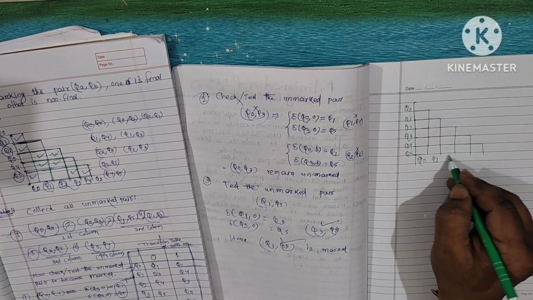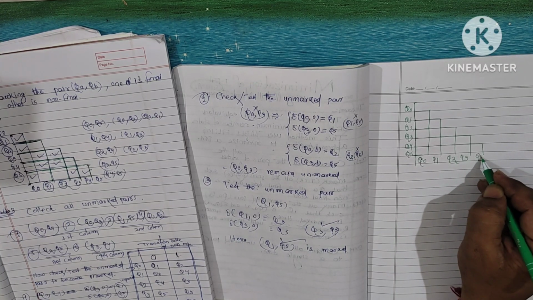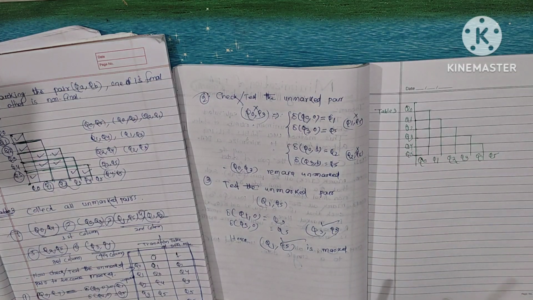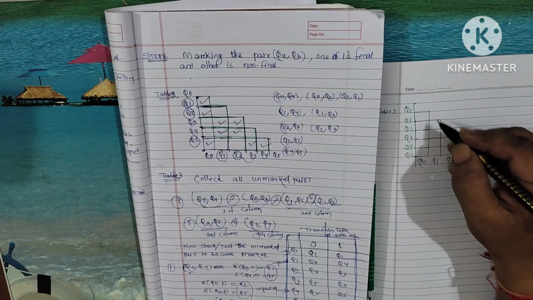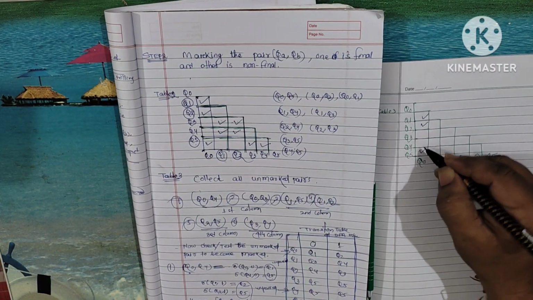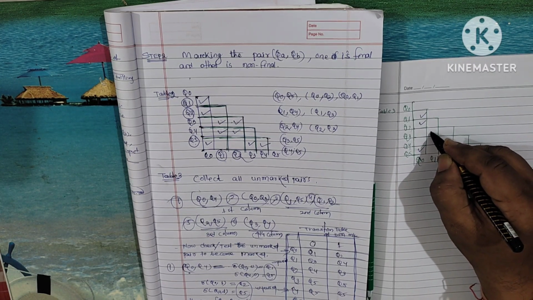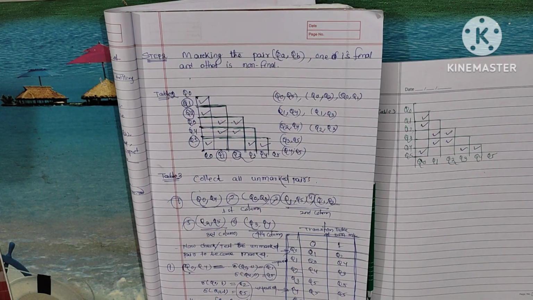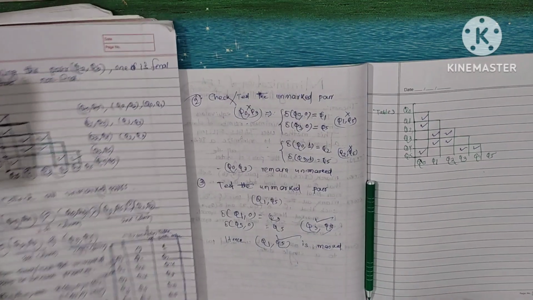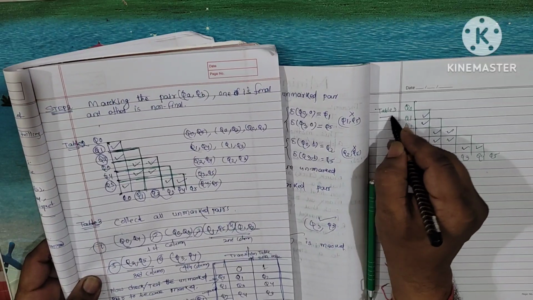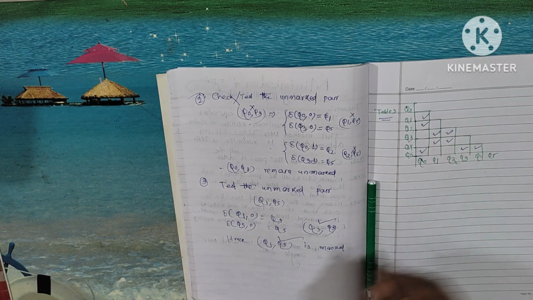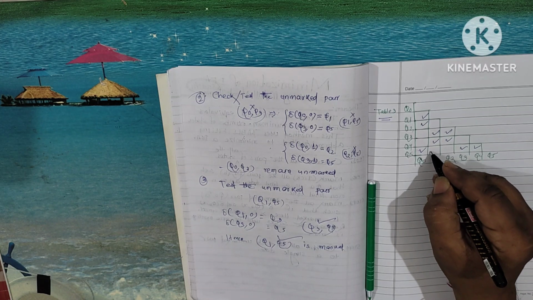So table 3. The ones already marked early, these 3 in column 1, were marked early in table 2. Now we have marked here Q1, Q5.